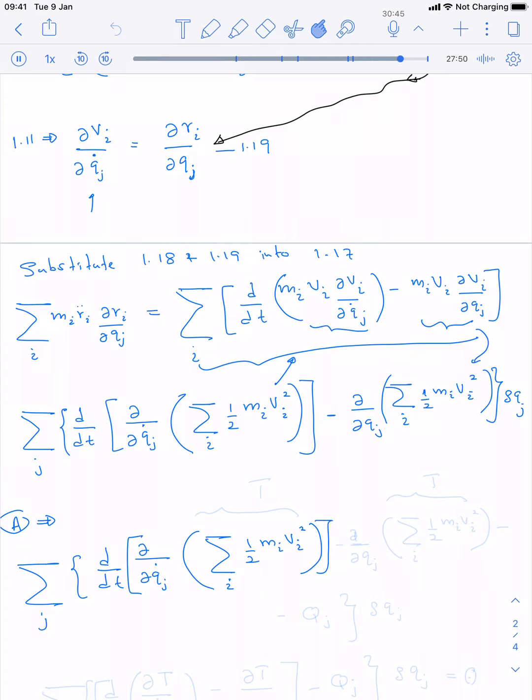This is one term, and then minus ∂/∂qj of the sum over i of half mi vi squared, minus the other term we have, which is Qj, that comes from the second term of the generalized force, times delta qj. This is what we get at the end.